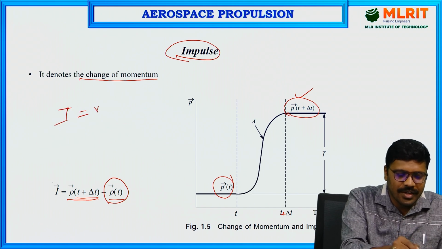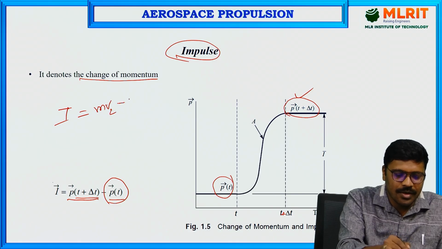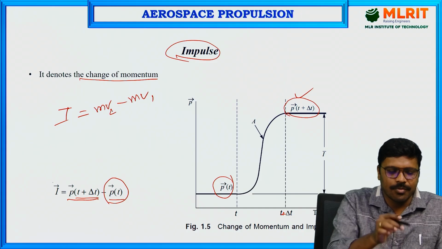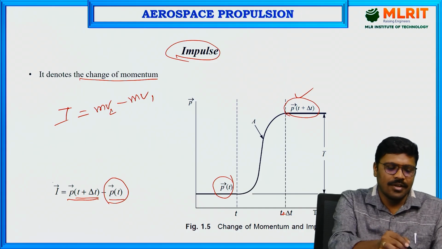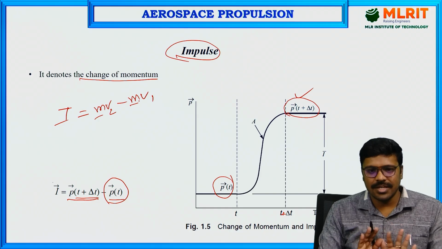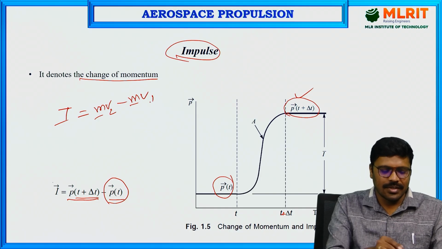If I consider the velocity after applying the force as v2 and the velocity before applying the force as v1, then impulse is equal to mv2 minus mv1. Here the mass of the body is constant, it is not changing.